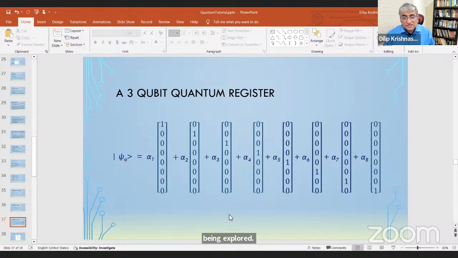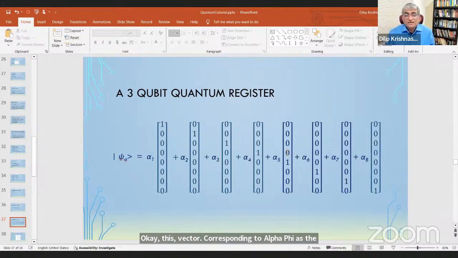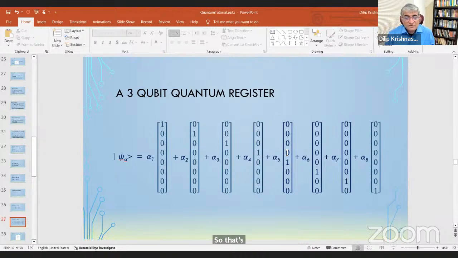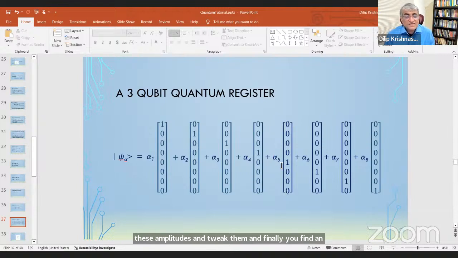As you search the space, maybe you're searching for alpha phi, then as you do your quantum search, the amplitude for alpha phi will start increasing, and then you get this vector corresponding to alpha phi as the solution for your problem. That's the interesting part about using these quantum computers to solve problems. You tweak these amplitudes, and finally you find an answer as one of the states in the system, based on which amplitude went up.